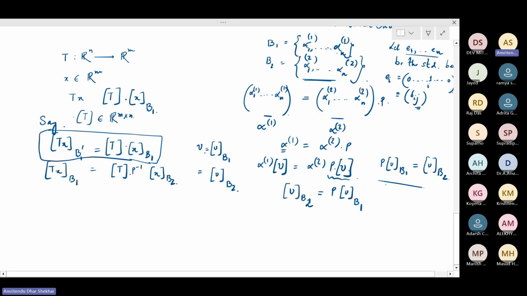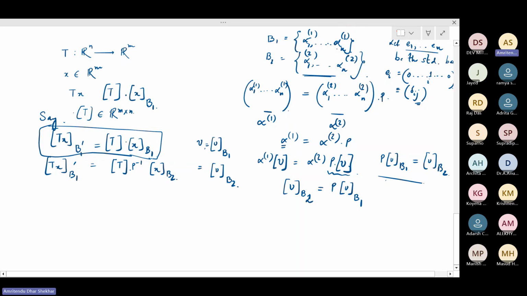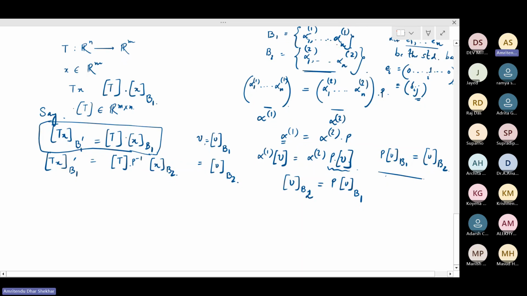b1 prime. But now let's say you have a relation between b1 prime and b2 prime. So let's say you can write this in a similar way as equal to Q inverse of Tx of b2 prime, which is equal to T inverse times x with respect to b2.